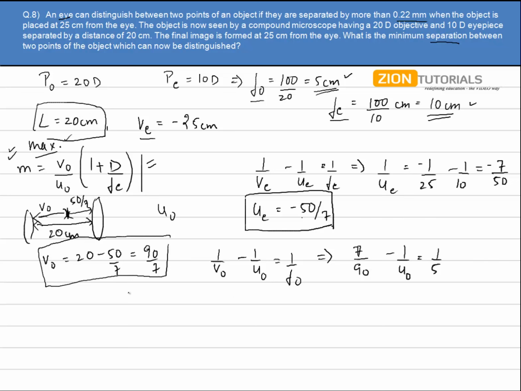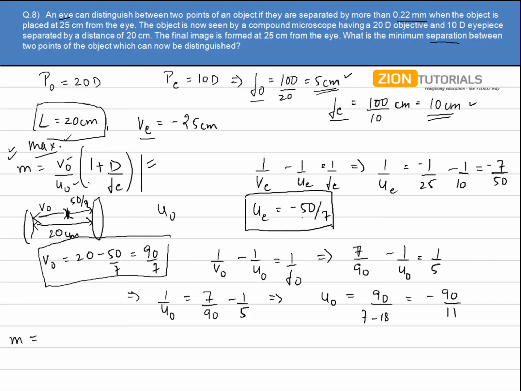So 1 upon UO would be equal to 7 upon 90 minus 1 upon 5. So this will give me UO equal to 90 divided by 7 minus 18, so this would be minus 90 over 11. That would be UO.